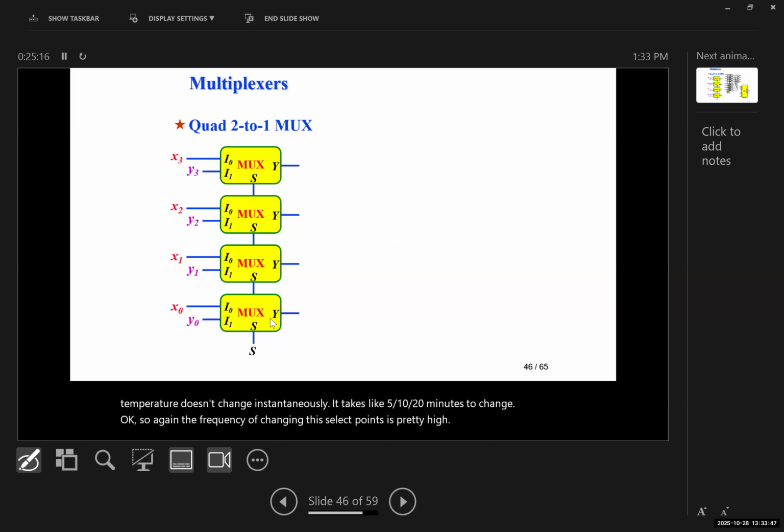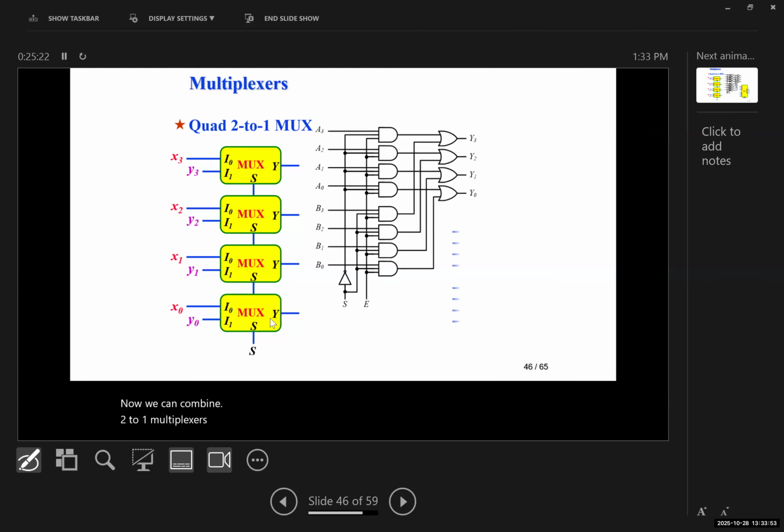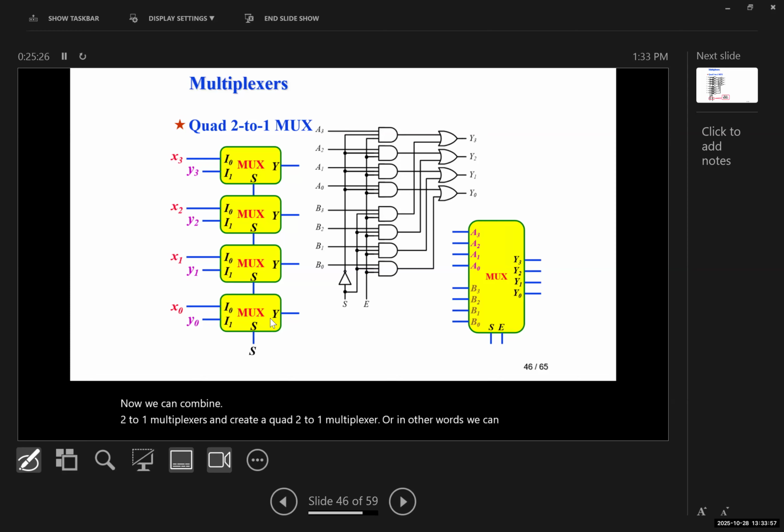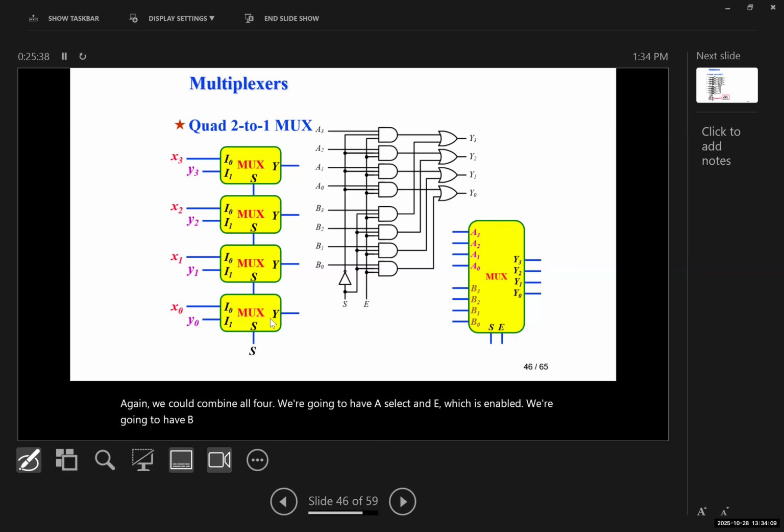Now we can combine 2:1 multiplexers and create a quad 2:1 multiplexer. Or in other words, we can have a system that looks like this. Again, we can combine all 4. We're going to have a select and E, which is enable. We're going to have B0, B1, B2, and B3, and A0, A1, A2, and A3.